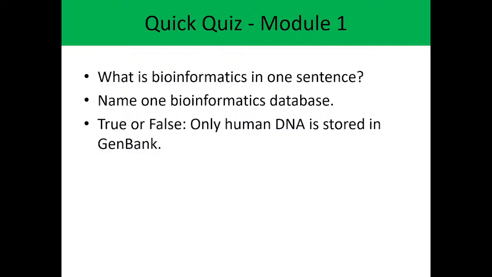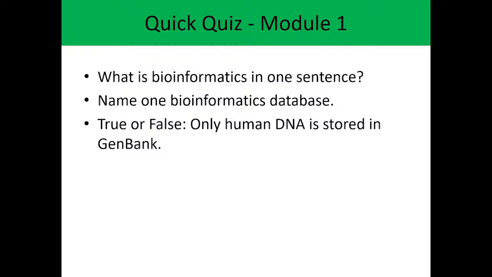The first one is your ability to retrieve information. The second one is your ability to manage information. The third one is the ability to analyze that information. The fourth one is the ability to utilize the information.